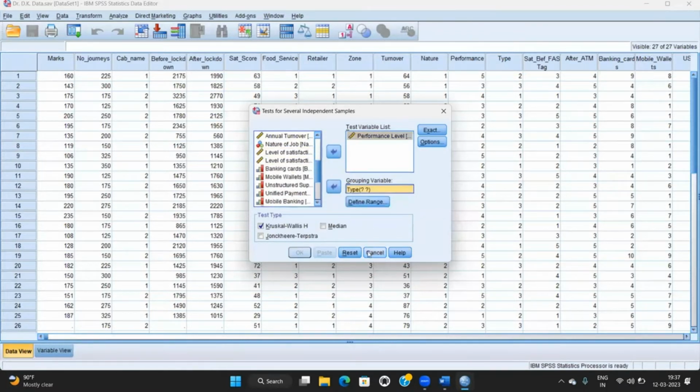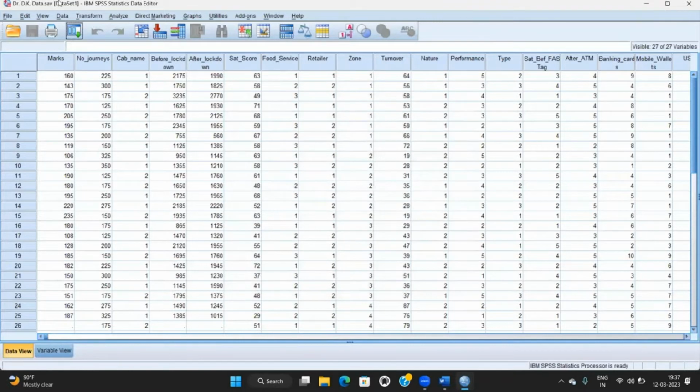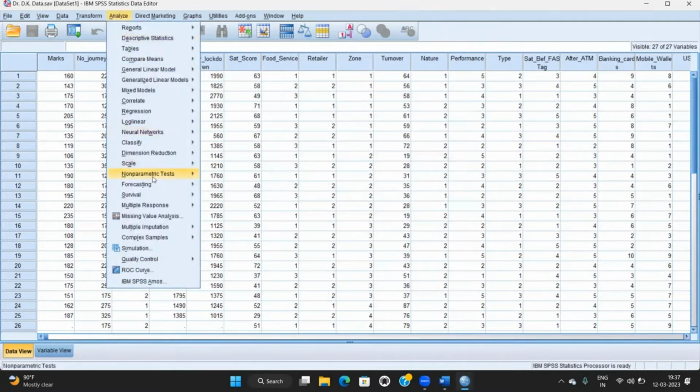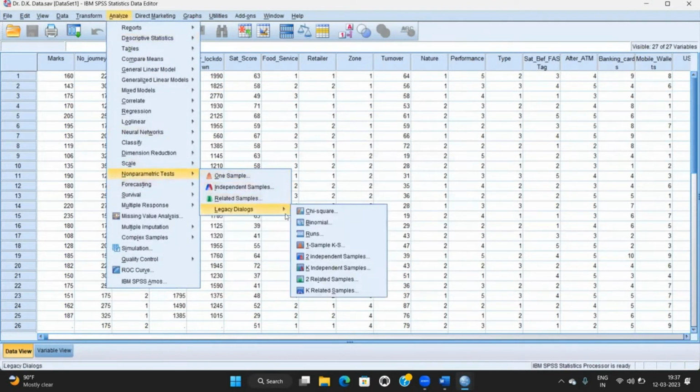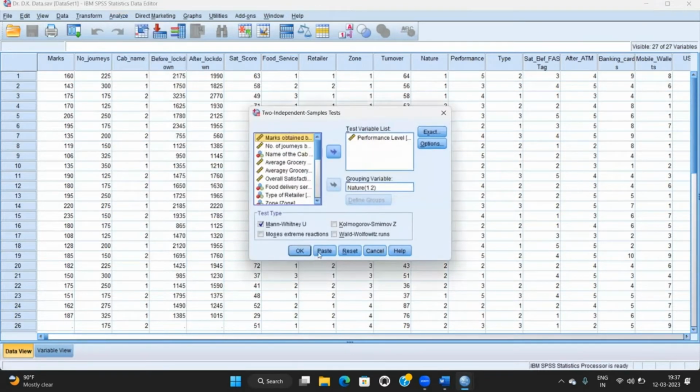Earlier, when we applied a Mann-Whitney U test, look at this. 2 independent samples we have selected. Here grouping variable, we have selected nature of job. The box below the grouping variable is define groups.